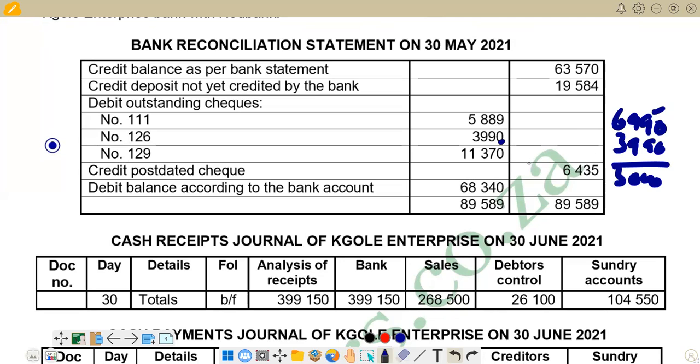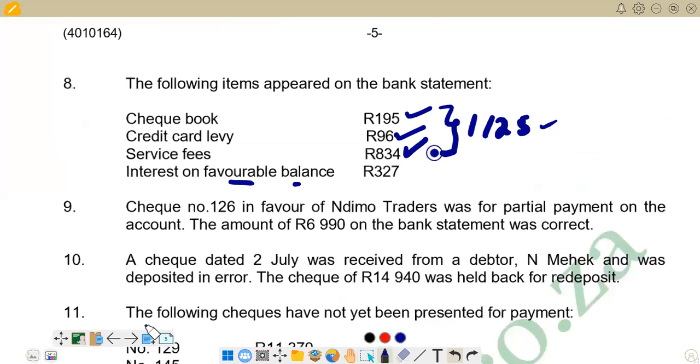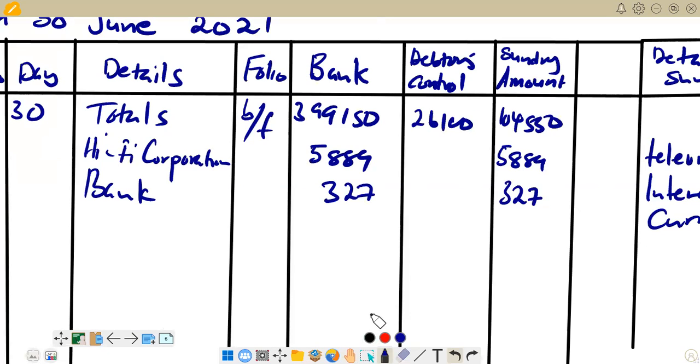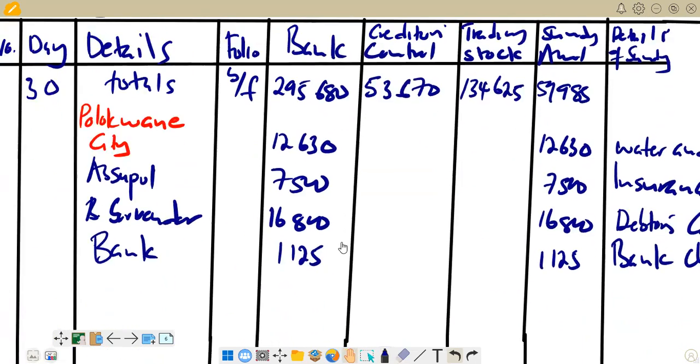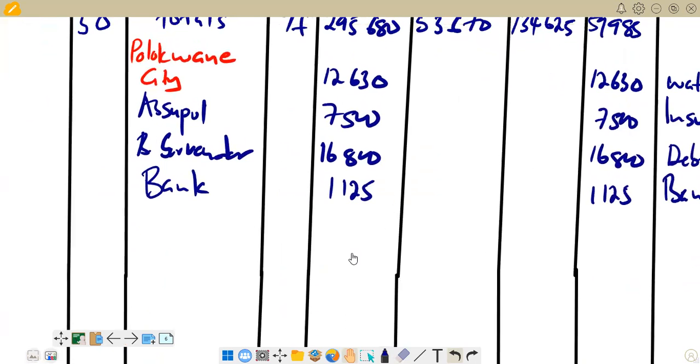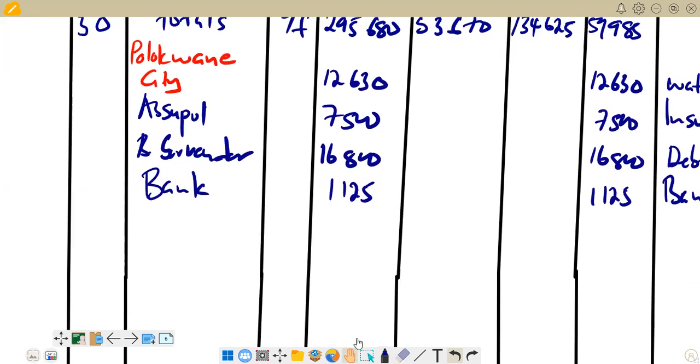So we go to the cash payments journal and enter that one. And remember, on the details part, this is for Ndimo Traders. Very important. So we go back to the cash payments journal, and on the details part we are saying Ndimo Traders, and then the amount is 3,000.